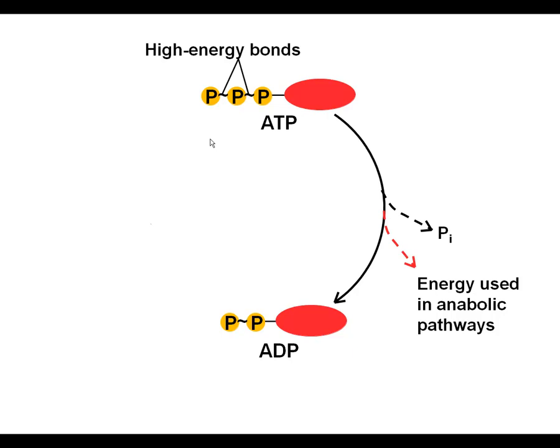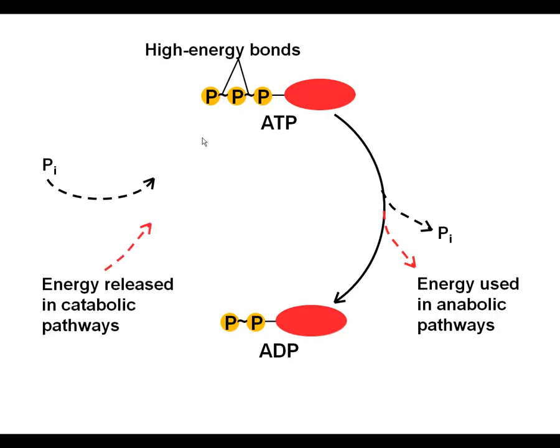So we're going to take a phosphate, maybe from some other metabolic pathway. We're going to take energy that's produced from another metabolic pathway, and we're going to glue this phosphate onto ADP through a process called phosphorylation, and we will end up then with our ATP back. Sorry, I screwed that up a little bit, but hopefully you can follow that around and see how it works.